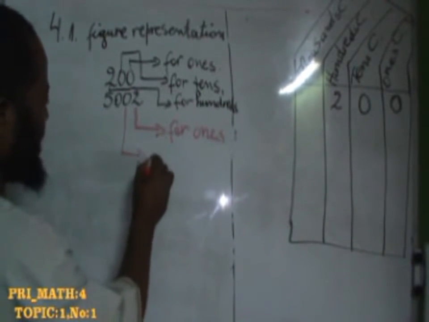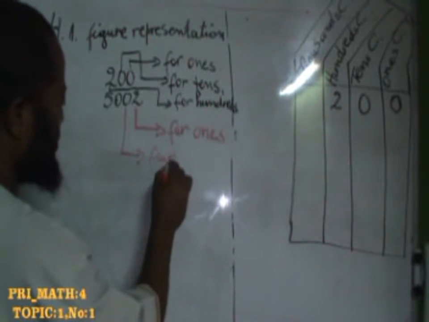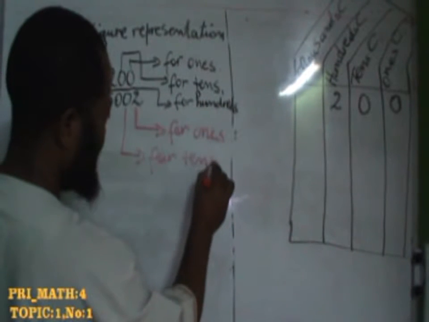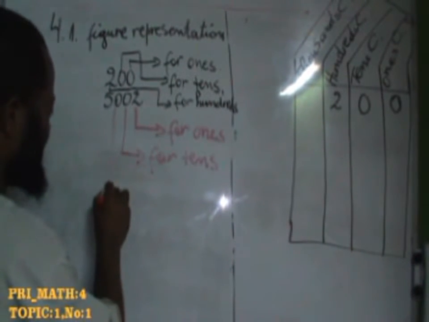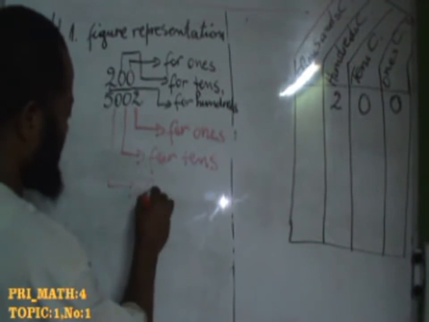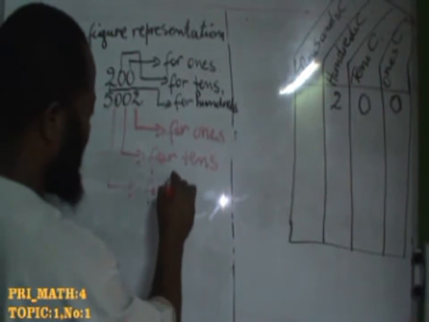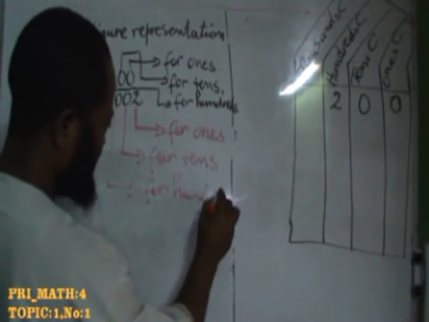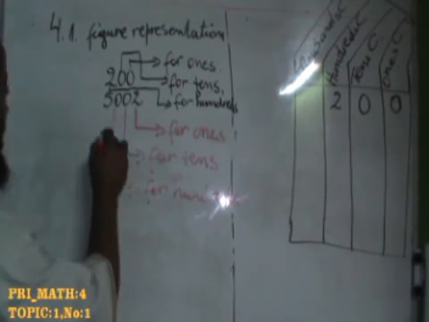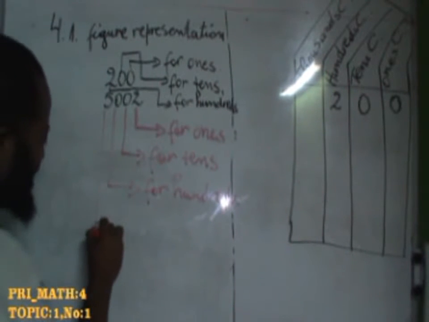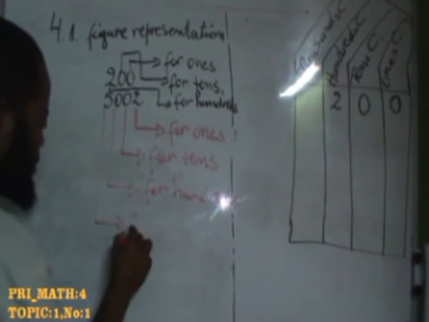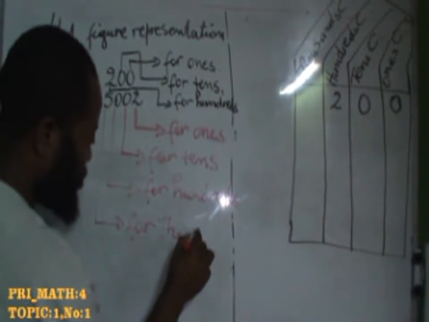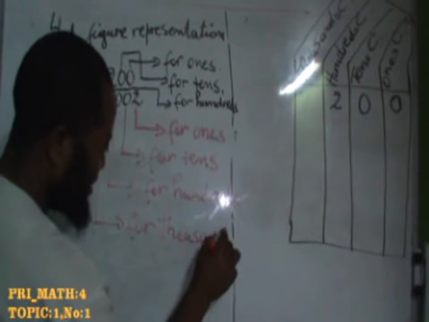And the second digit is for tens. The third digit is for hundreds. And our last digit is for thousands.